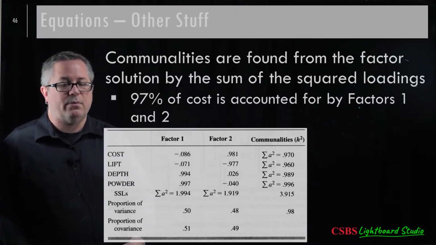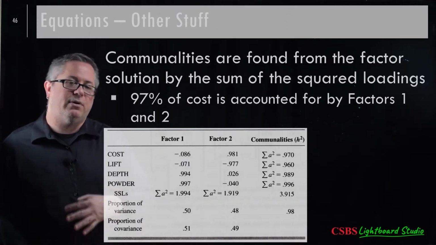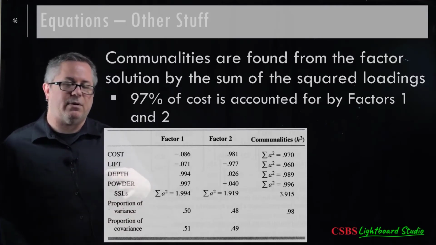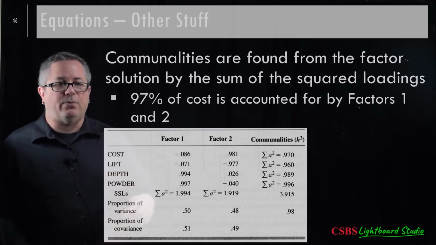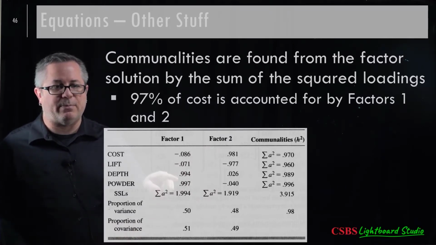So we've multiplied our unrotated matrix by our factor transformation matrix, and we now get back these two factors, where it's increased the loadings for depth and powder on factor 1 and decreased the loadings for cost and lift on factor 1, making it a lot clearer that this is really a depth and powder factor with very little cost and lift in it.